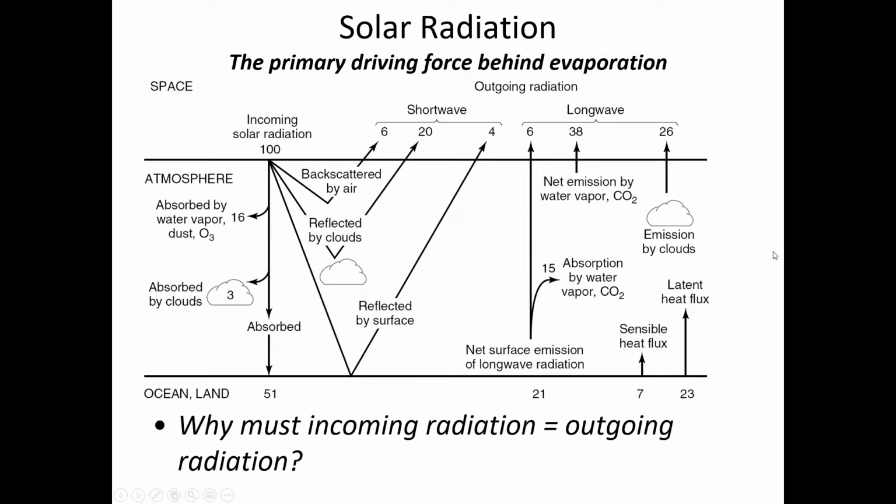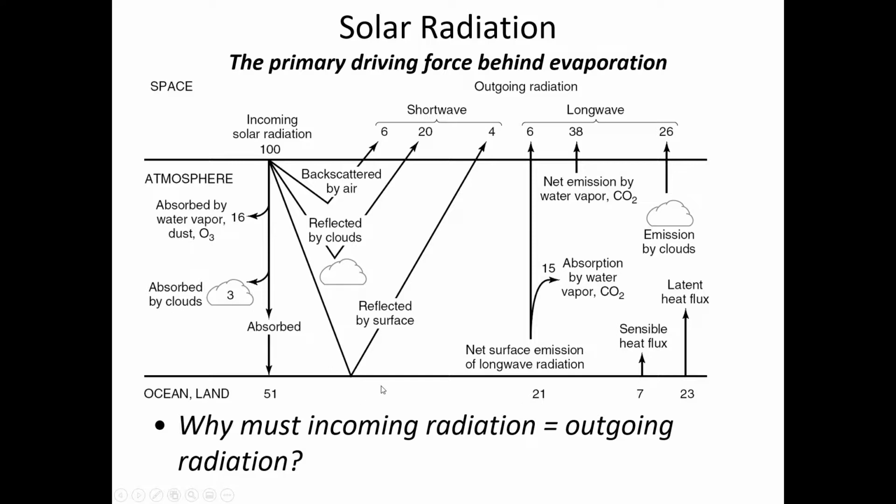Now, as a net, if 100 units of solar radiation come in, you'll notice by adding up all these different components that 100 units of energy are emitted to space. So the amount of energy that comes in and goes out is the same. You could think of it similar to the continuity equation: what comes in must go out unless there's an accumulation.